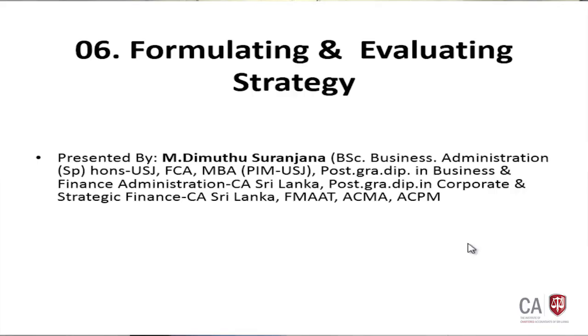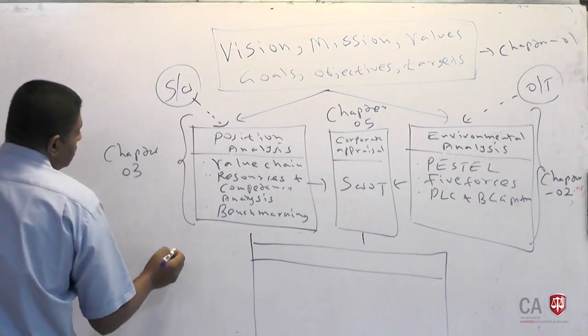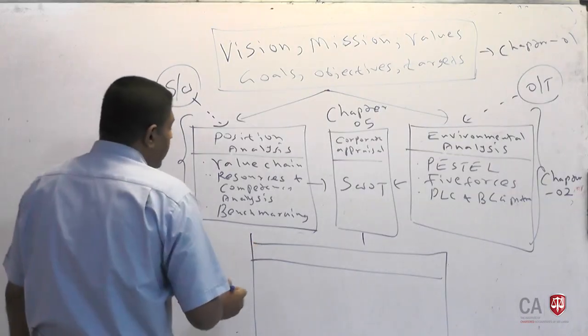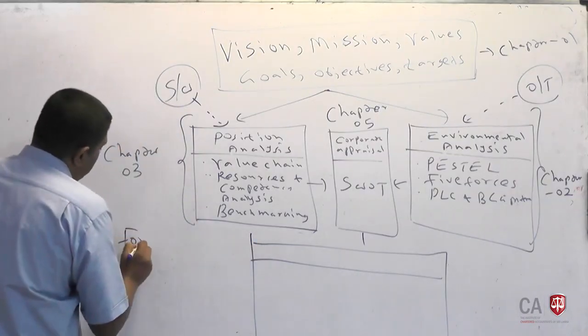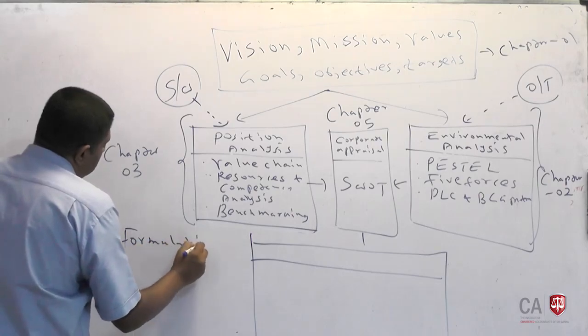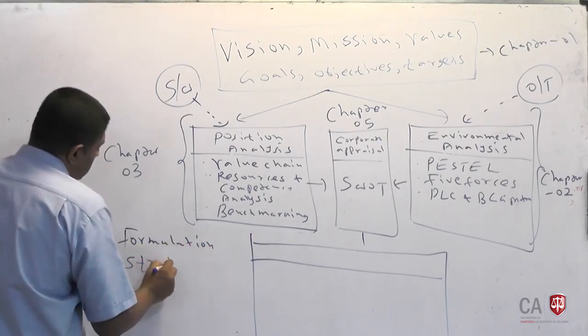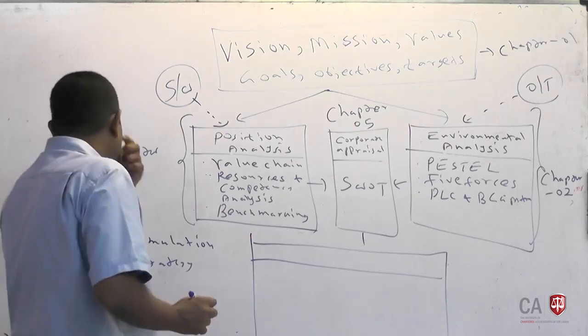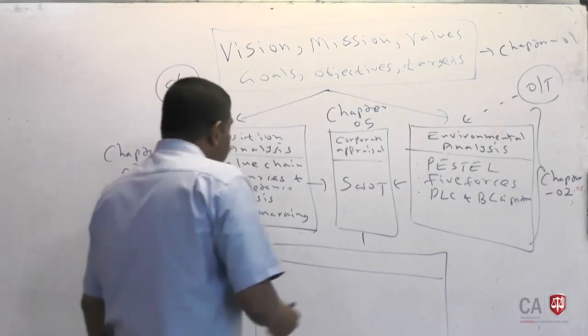So, here step number 6, formulating and evaluating strategy. Now we are looking at the formulating strategy part. Under that we try to cover two things.